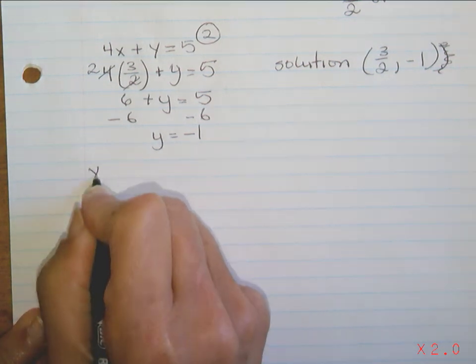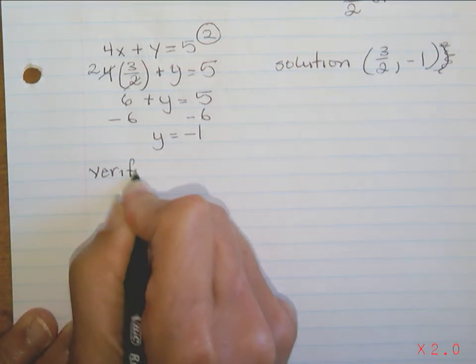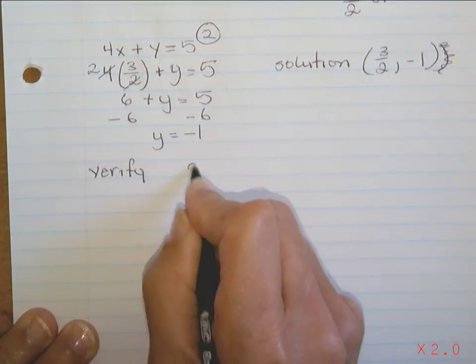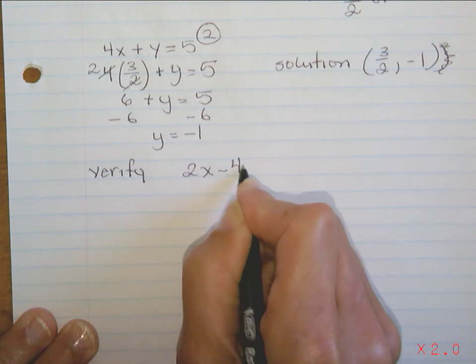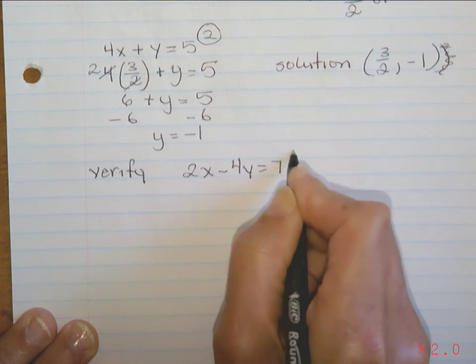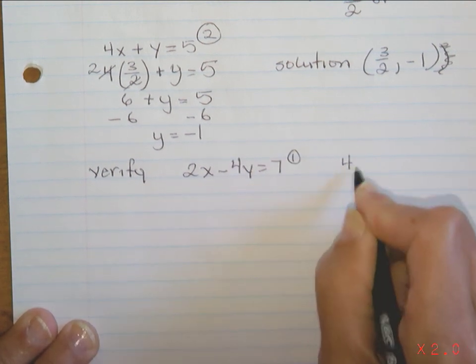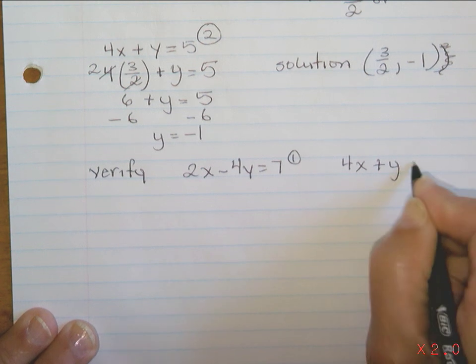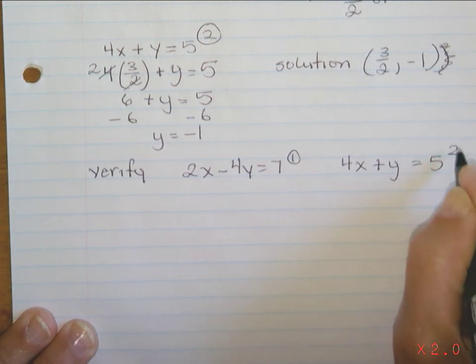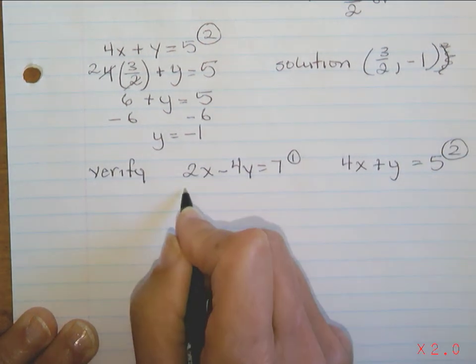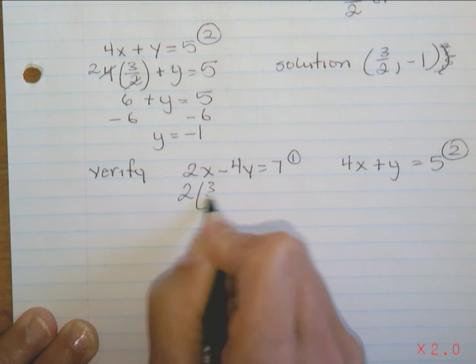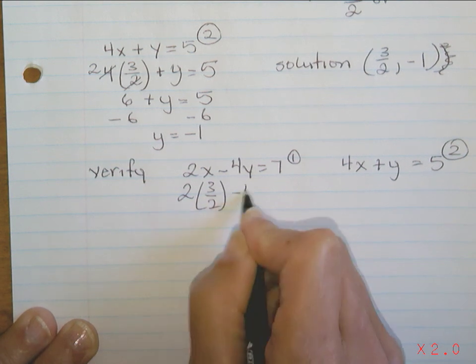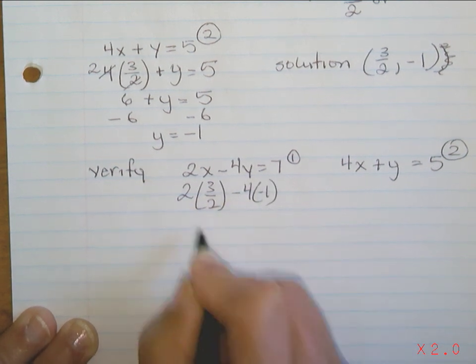Then I'm going to verify it. Again, you can use the fractions. You know how to do it. Please practice. In the next part of this note, there are going to be lots of fractions. So I'm going to substitute in 3/2 for x and -1 for y.